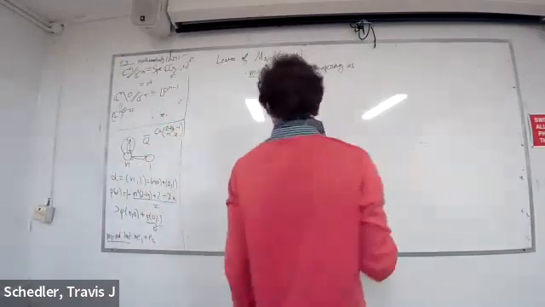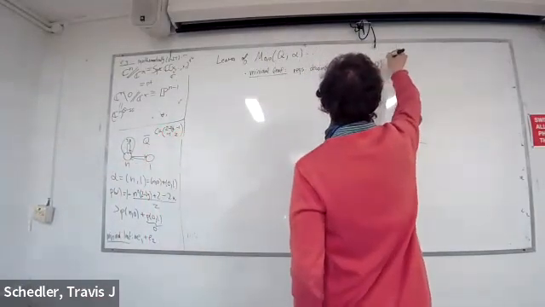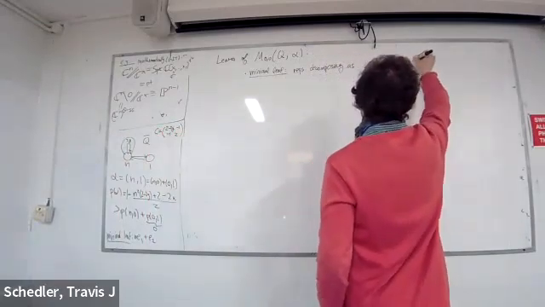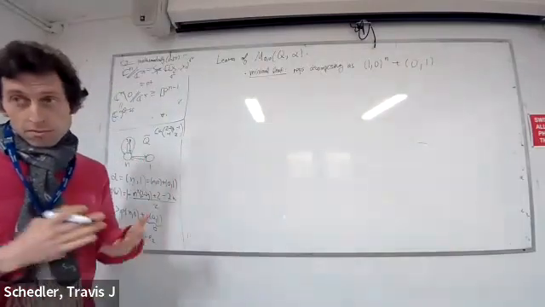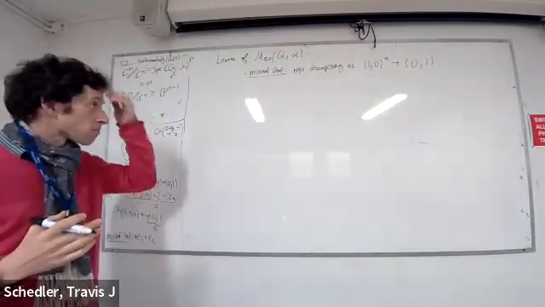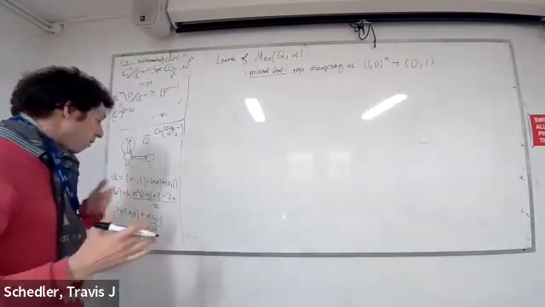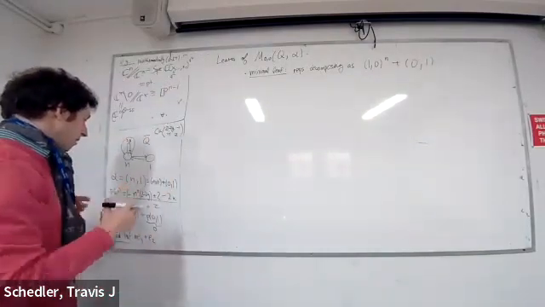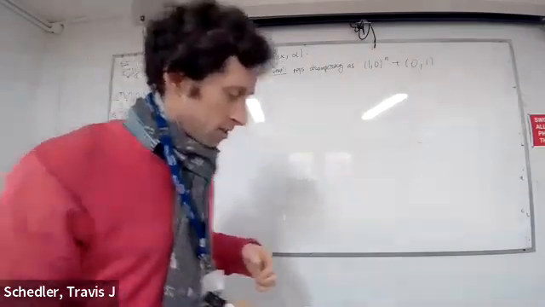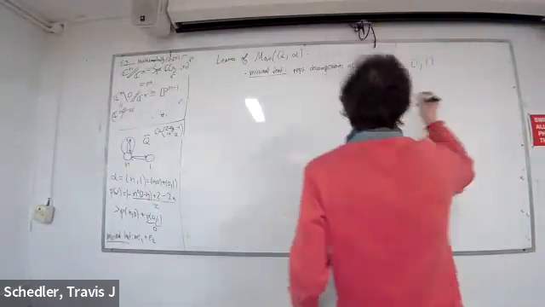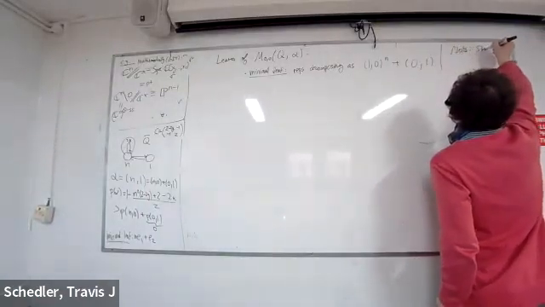So that representation decomposes as 1, 0, n copies of that, and 0, 1. That's the way the dimension vector decomposes. In general, you could have multiple strata with the same decomposition.